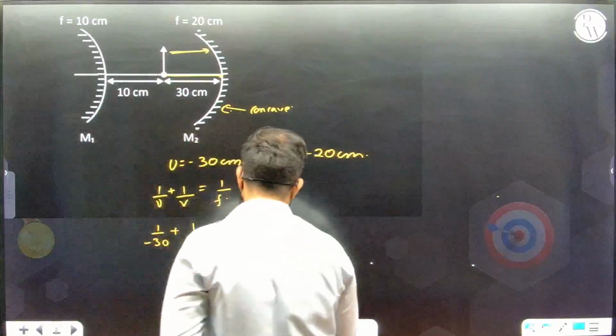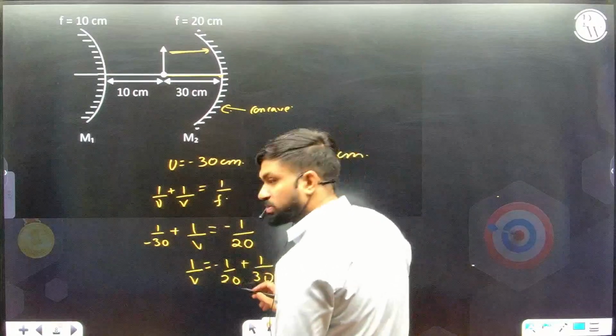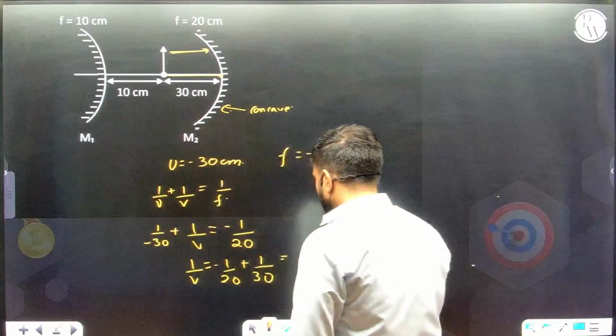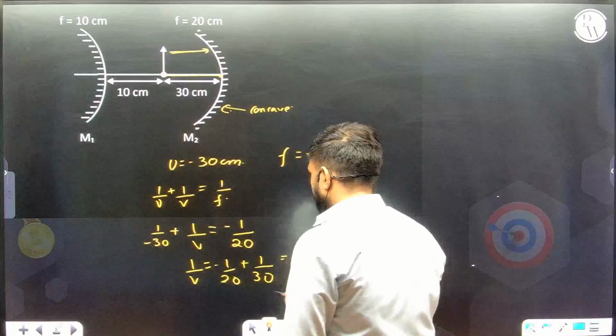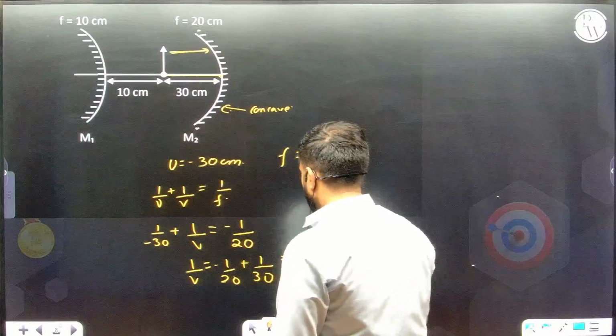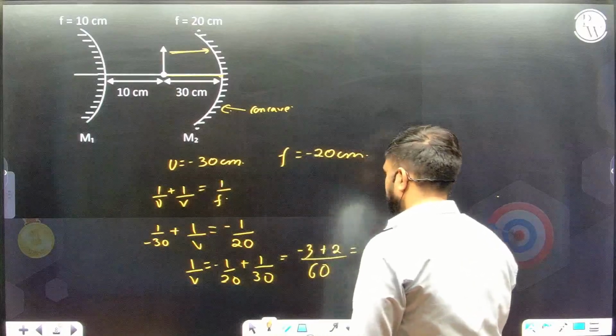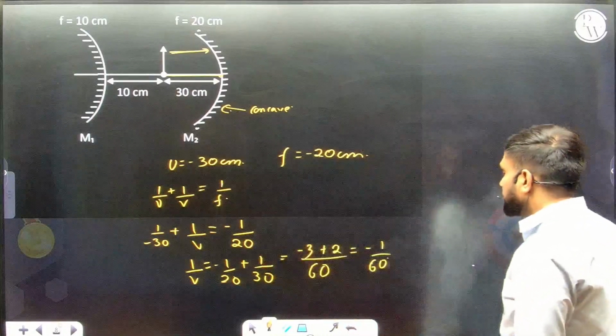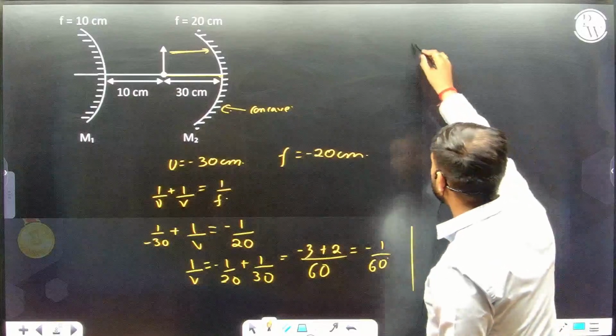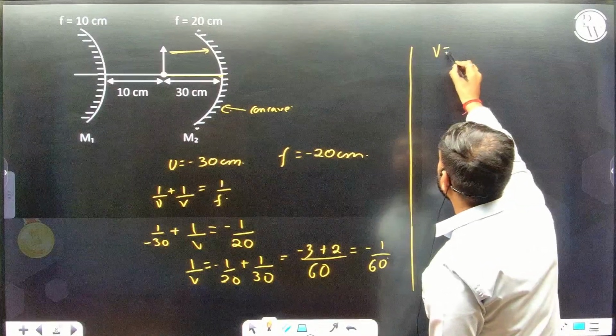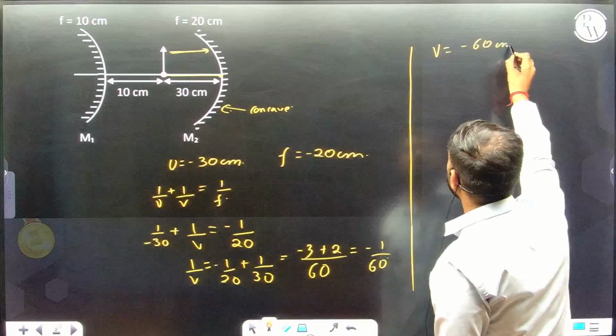Take LCM. If I take it as 60, then I'll put minus 3 and here I'll put 2. So it will be minus 1 by 60. Take the reciprocal. So I got your image distance as minus 60 centimeters.